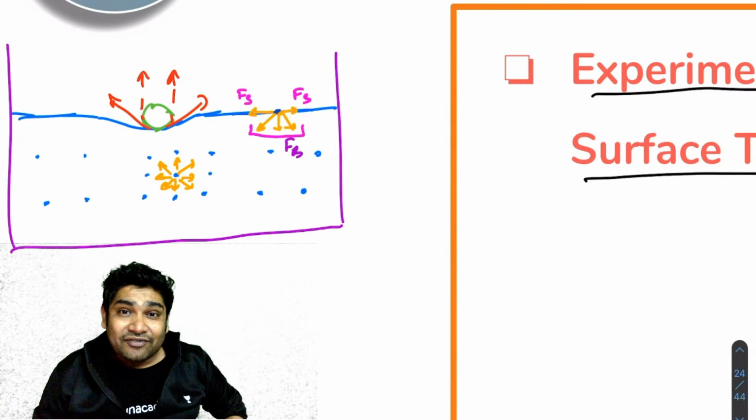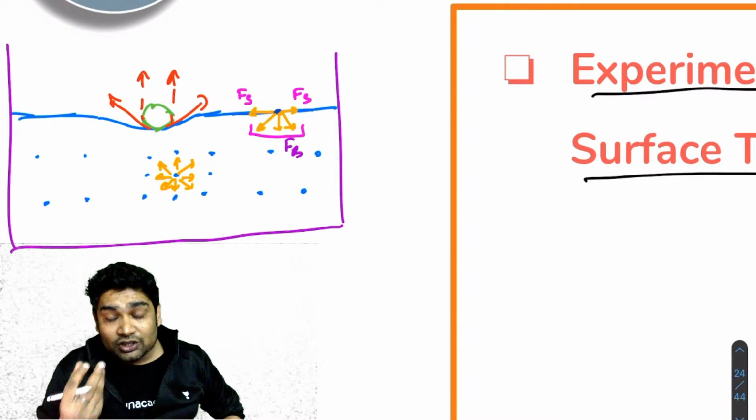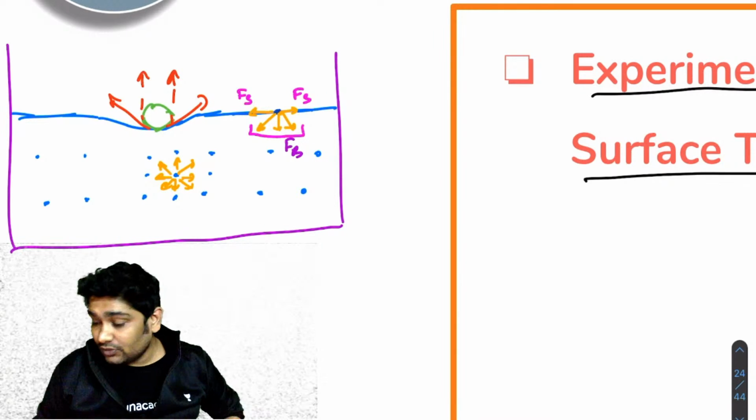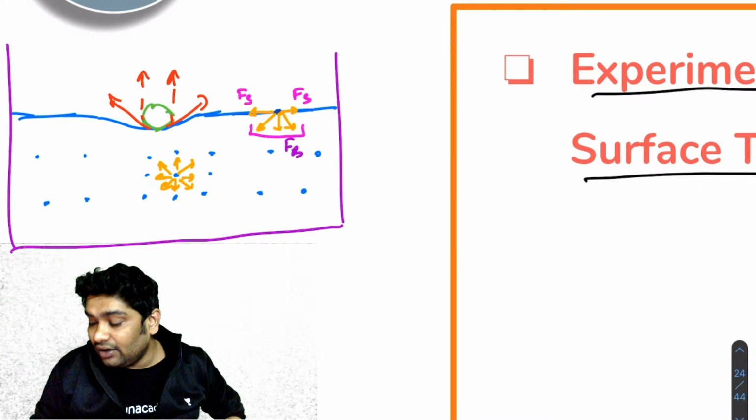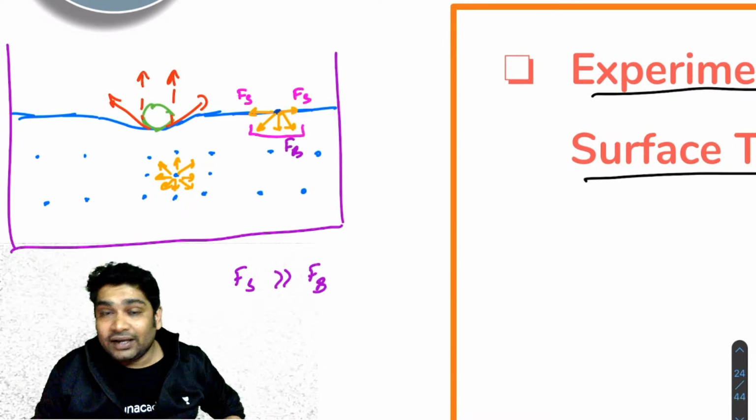To balance the force due to the various bulk molecules, the surface molecules turn out to have a stronger attraction. So F between surface molecules is much greater than the force applied by the bulk molecules.